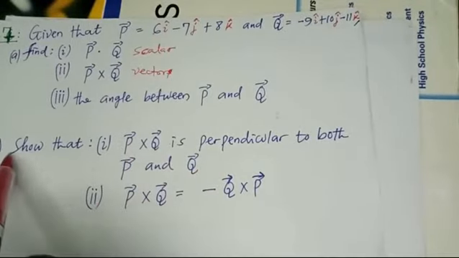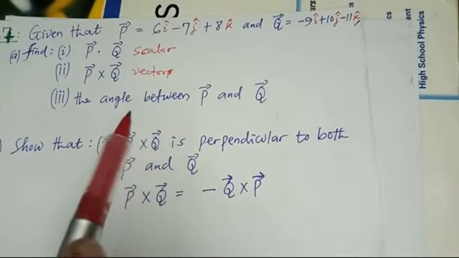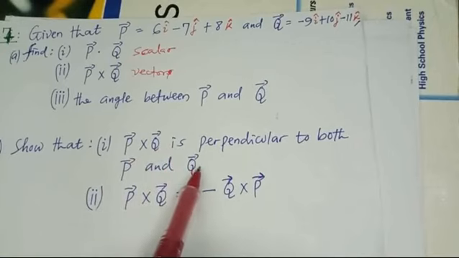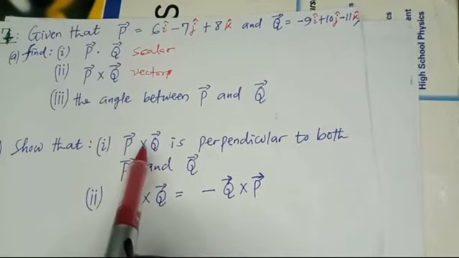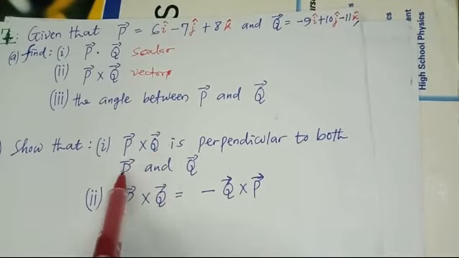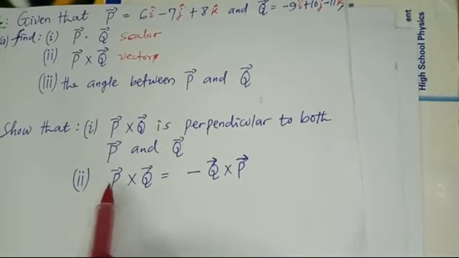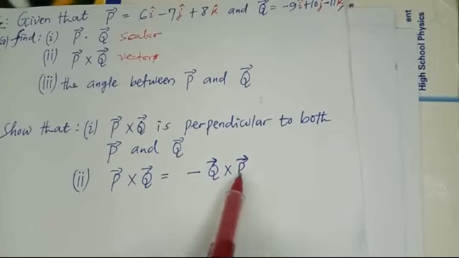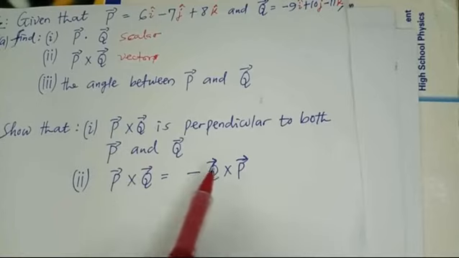So this B Roman number 1 is saying the vector that you obtain here, you should show that it makes angle 90 degrees to P, and it also makes angle 90 degrees with Q. That is the meaning of we should be able to show that P cross Q is perpendicular to both P and Q. The next one says we should show that P cross Q is equal to negative Q cross P. It means that one is a negative of the other.